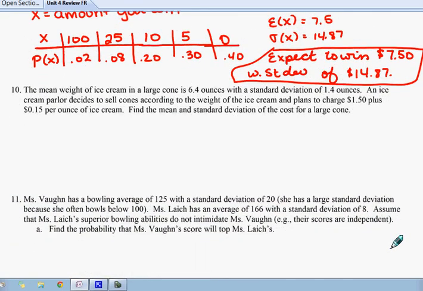For number 10, again, we're going to do the expected value. So we know that if X is your ice cream, and the expected amount of ice cream for you to have is 6.4, and the standard deviation of your ice cream is 1.4, we can use that to find the expected value and standard deviation of the cost.